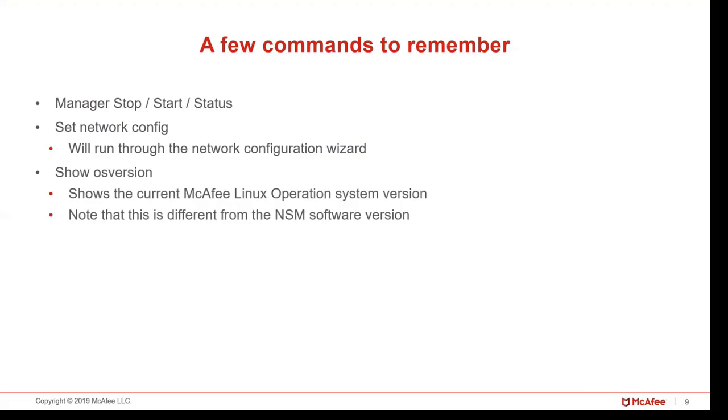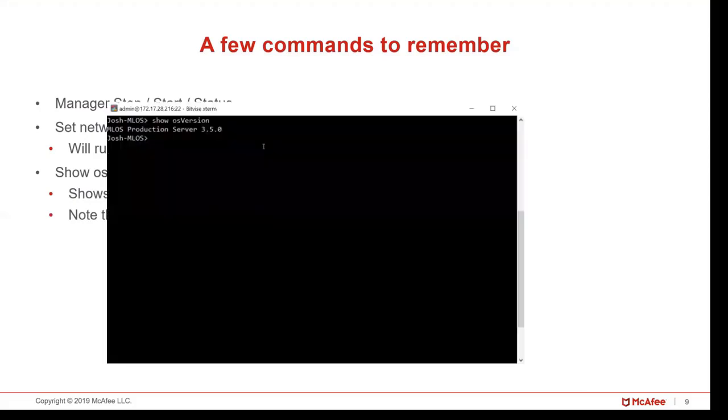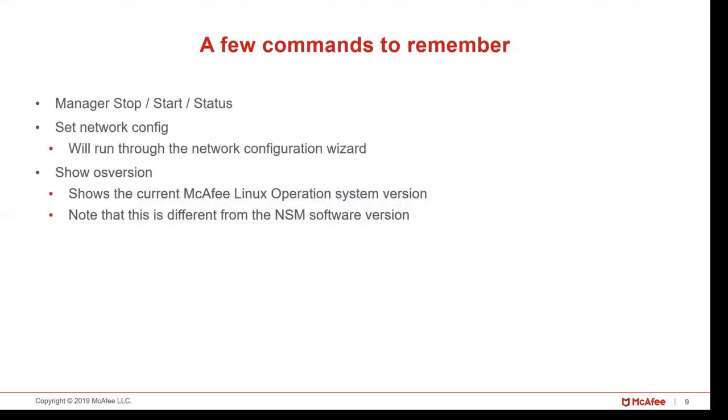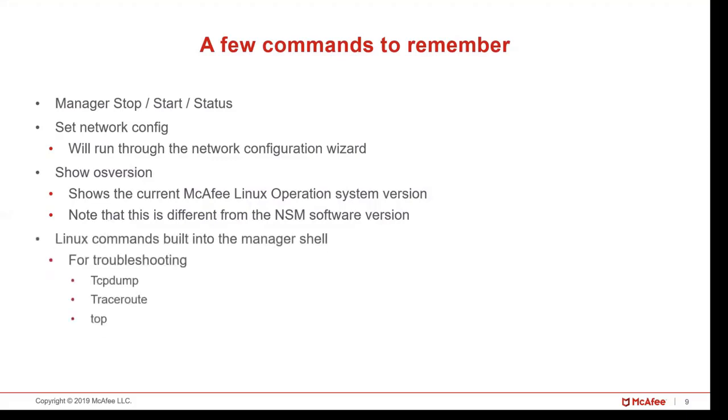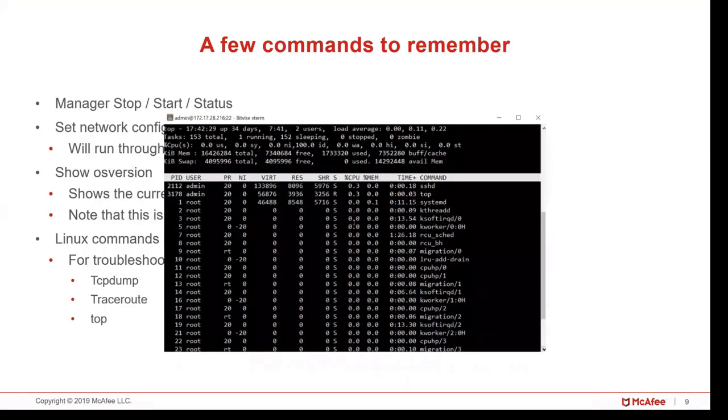Show OS version will display the current McAfee Linux operating system version. Note that this is different from the NSM software version. And lastly, the manager shell has Linux troubleshooting tools built in, such as tcpdump, traceroute, and top.